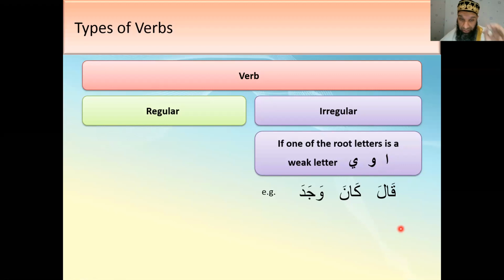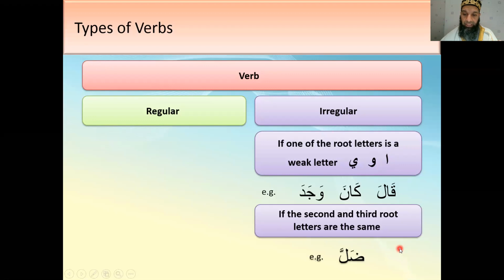The second way you can tell a verb is weak is if the second and the third letters are the same. So dalla, you just put that shaddah on and you make one lam there. That's really dad, lam, lam.